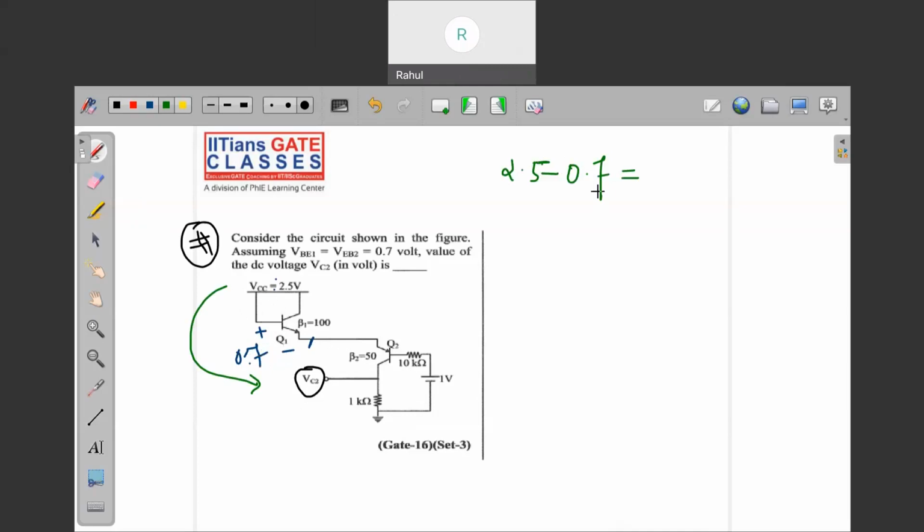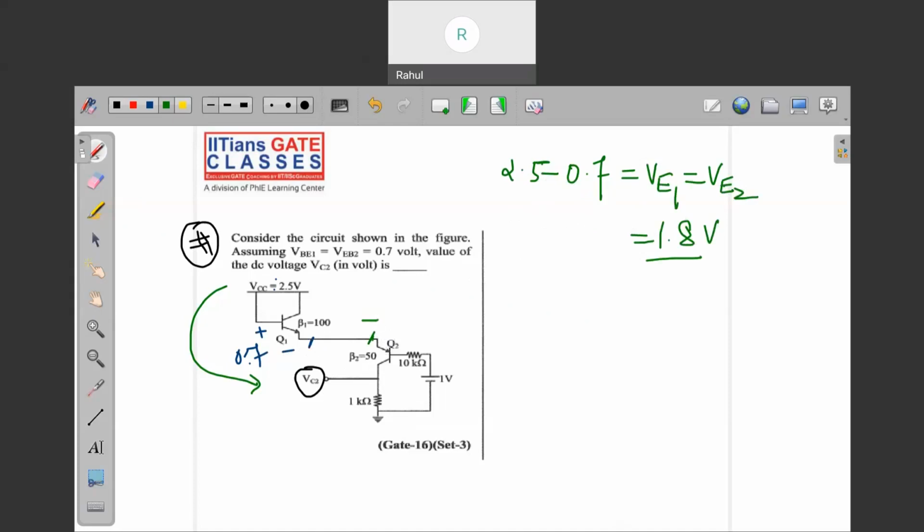What voltage will be at this point? You can say VE1, or VE2 as well, because this terminal is shorted here. This will be 1.8 volt.